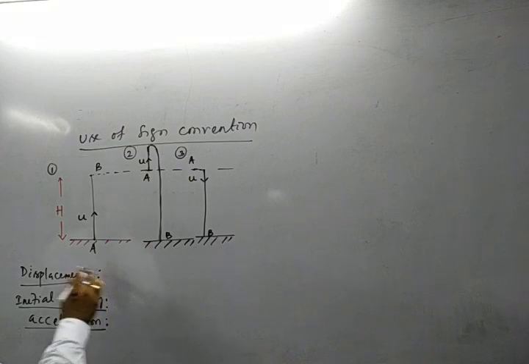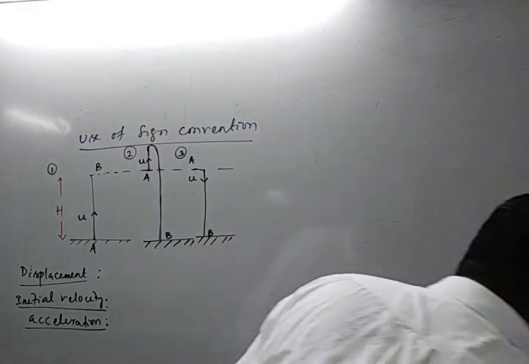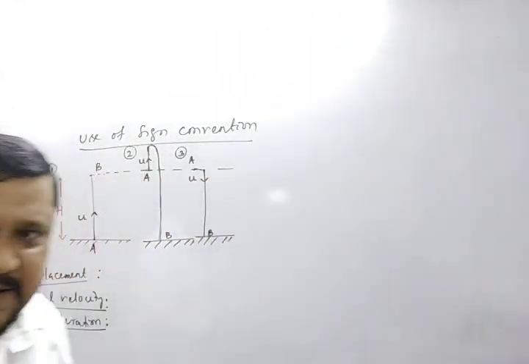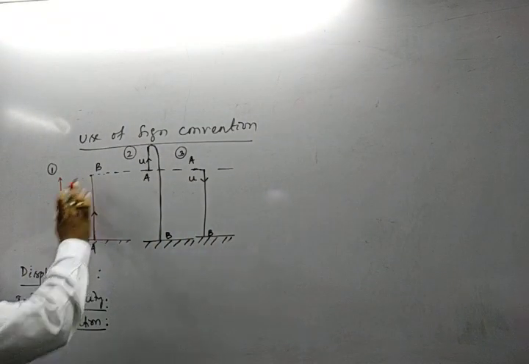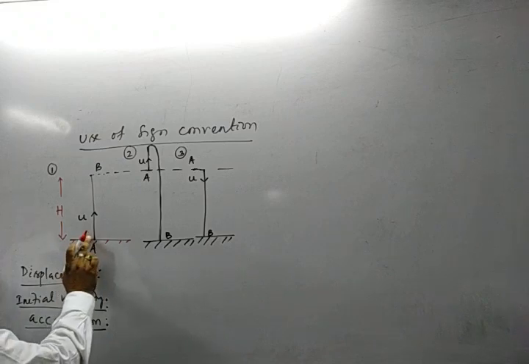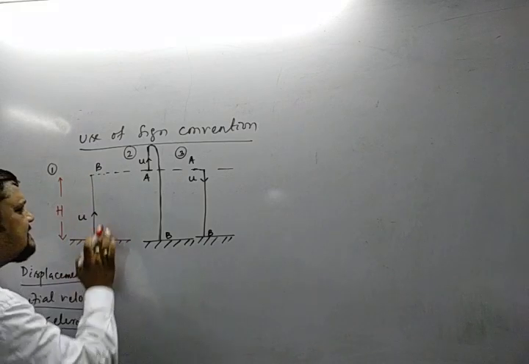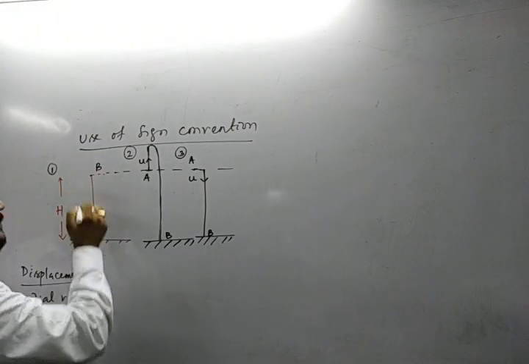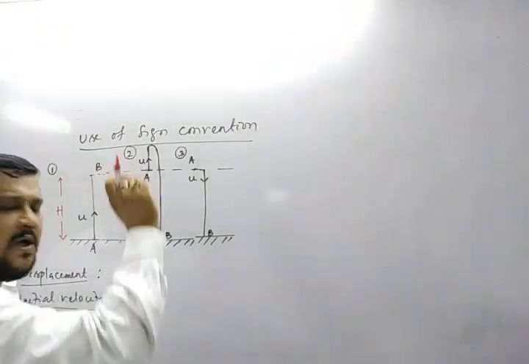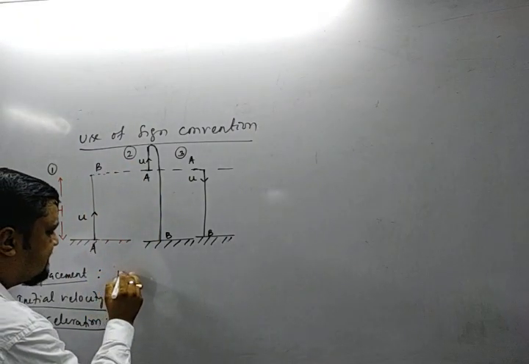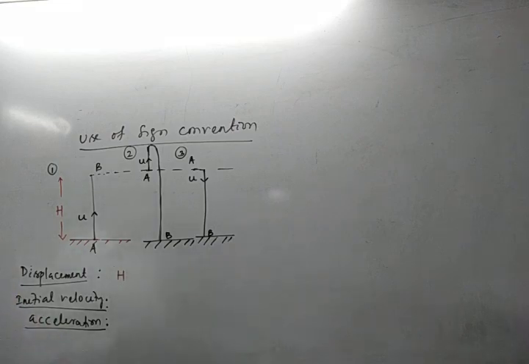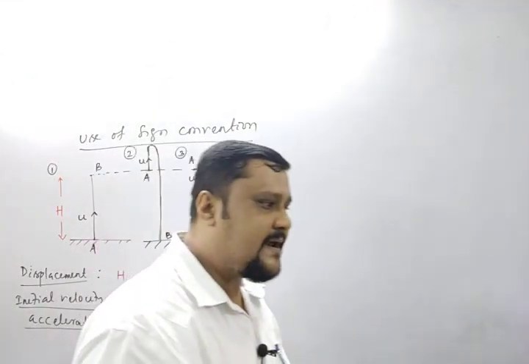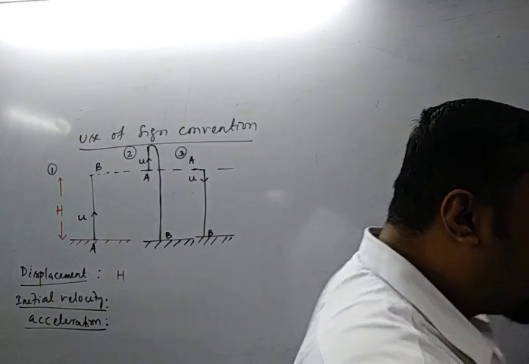For the first one, what will we take? You tell me. Displacement h. For case 1, going up, it is moving this displacement. This is the initial point, this is the final point, and displacement is directed from initial to final, so this is a plus. So displacement is positive, right? Then what will be the initial velocity?